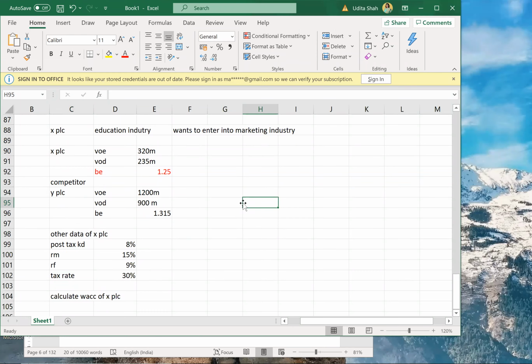Is there a problem? Your sound is getting blurred and cutting off. Now is it clear? I think there is a network issue at my side.